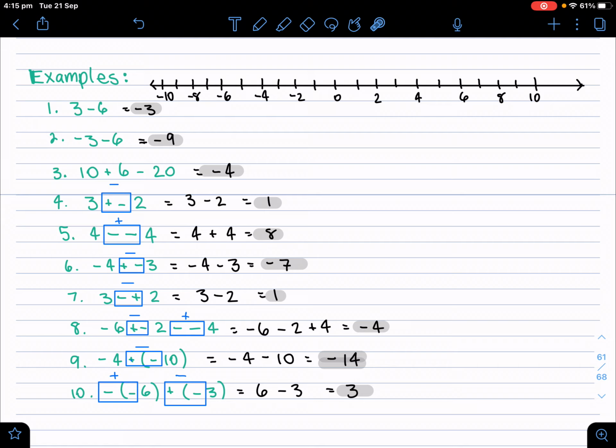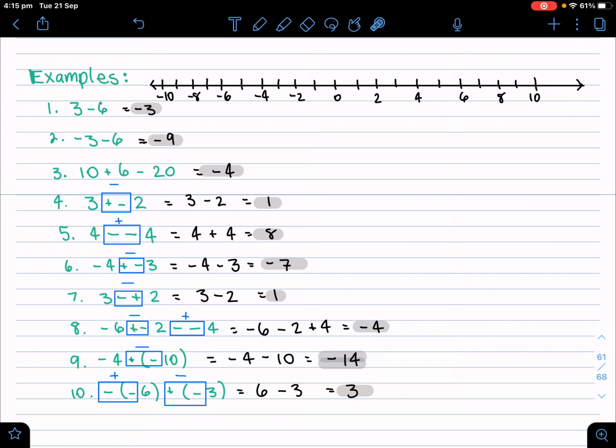First we have to change the symbols that are next to each other into one symbol. So the plus and minus, they're different, so they become a minus. And the minus minus, they're the same, so they become a plus. So we end up with minus 6 minus another 2 plus 4. So minus 6 minus 2 is minus 8. Minus 8 plus 4 is minus 4. And you can check that on your calculator.